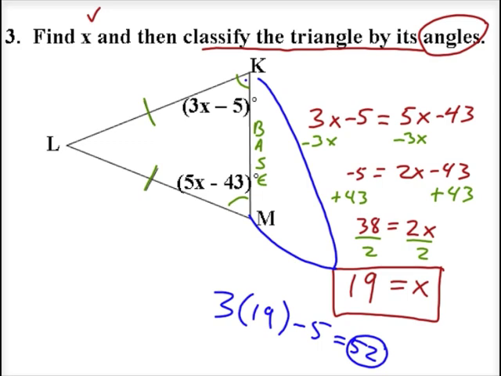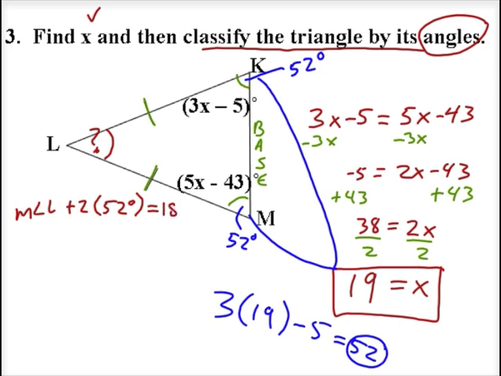And so that means angle K is 52 degrees. Likewise, angle M is 52 degrees because base angles are congruent. And so this third angle, angle L, right now it's unknown, but because of the triangle sum theorem, I know that the measure of angle L plus two angles that are 52 degrees must add up to 180 degrees. And so we can solve for the measure of angle L.